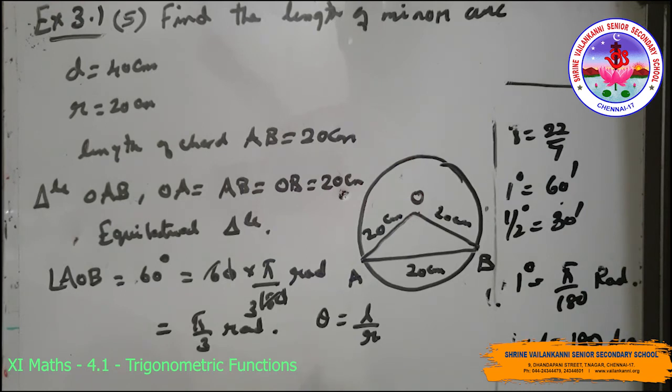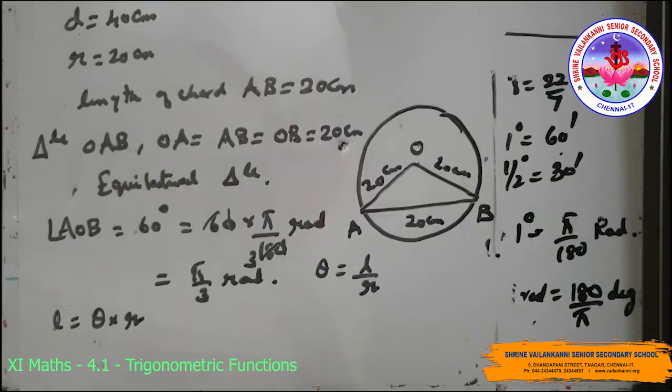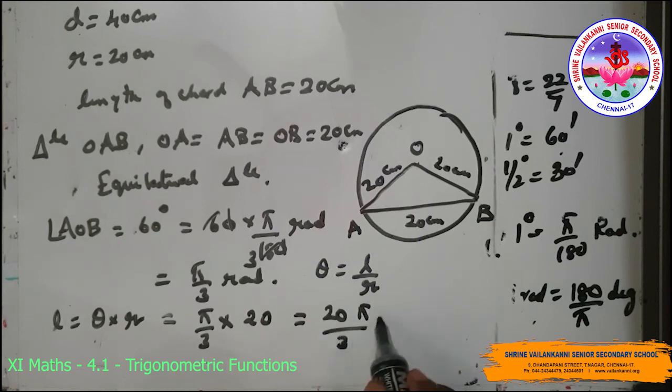So L equal to theta into R. So theta is pi by 3 radians. So we have to substitute this pi by 3 into R is 20. So which is equal to 20 pi by 3 centimeter. So length of the minor arc of the chord is 20 pi by 3 centimeter.